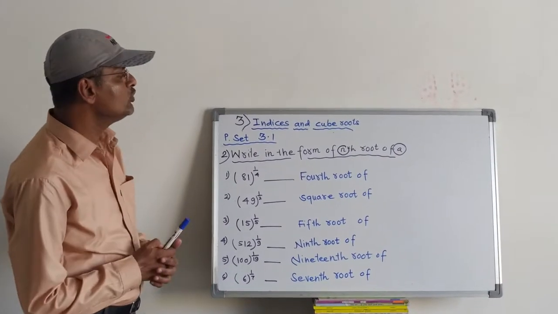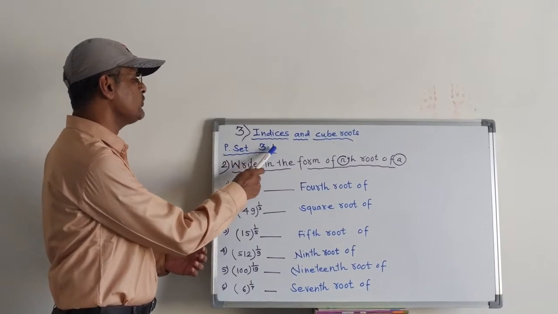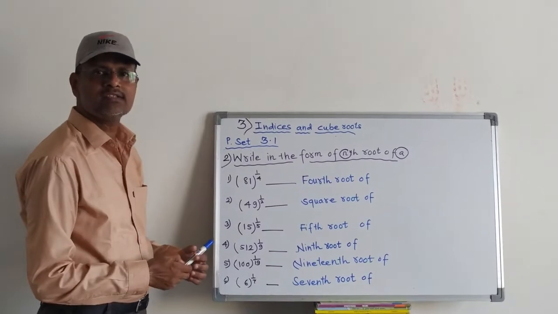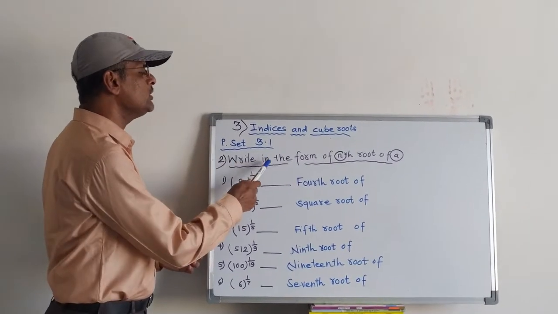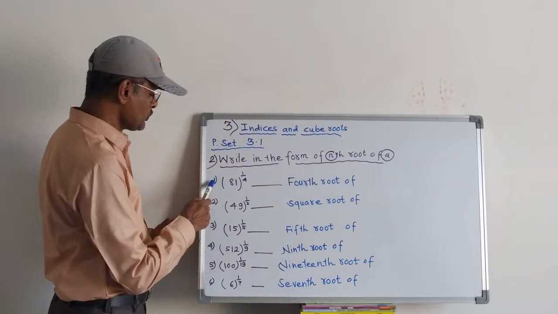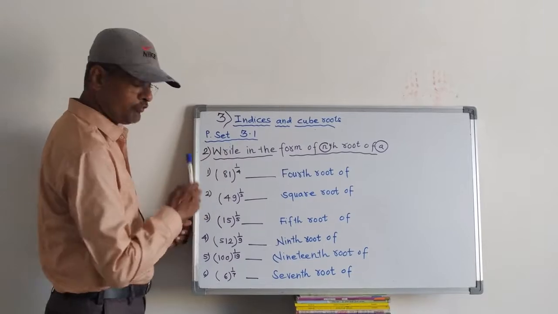Now we will move towards last example from problem set 3.1, that is the second example. What is that second example? Write in the form of nth root of a. So first example is 81 bracket raised to 1 upon 4.